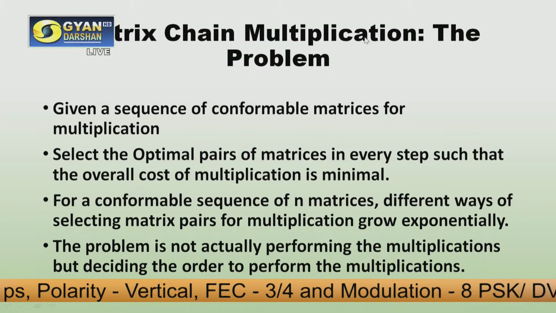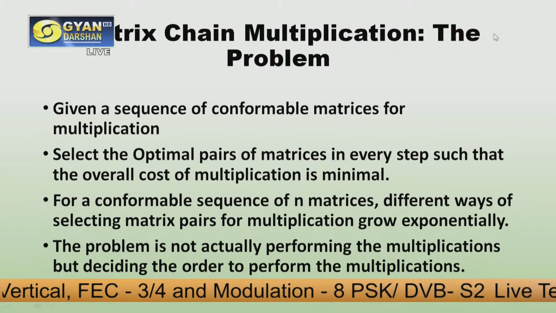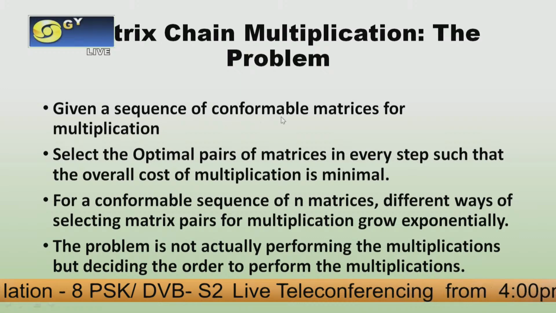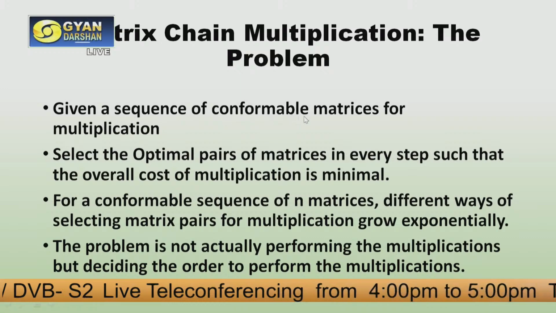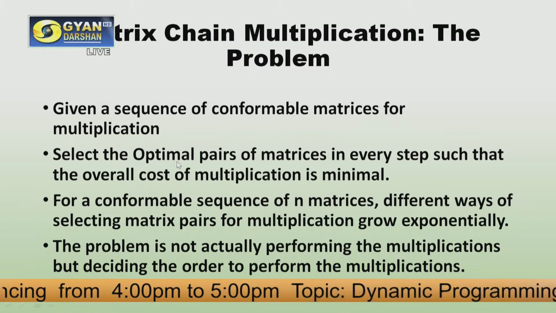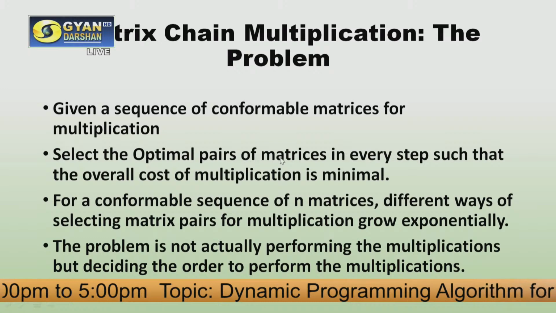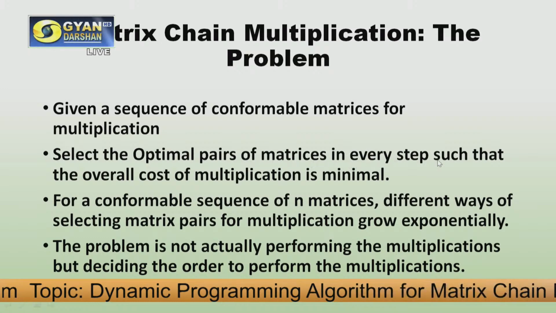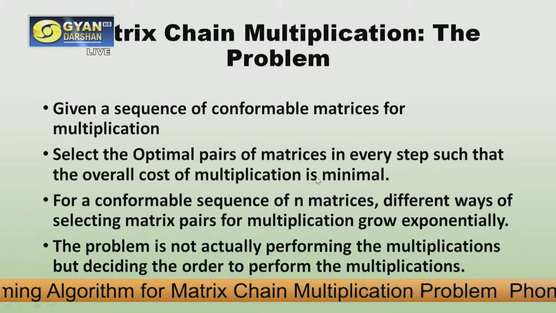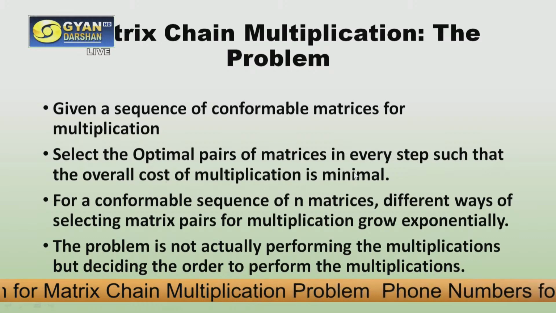Now, when you are doing this chain multiplication, what is the problem? Let's try to define the problem of matrix chain multiplication. Given a sequence of conformable matrices for multiplication, select the optimal pairs of matrices in every step such that the overall cost of multiplication is minimal.